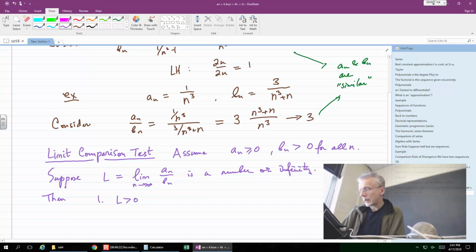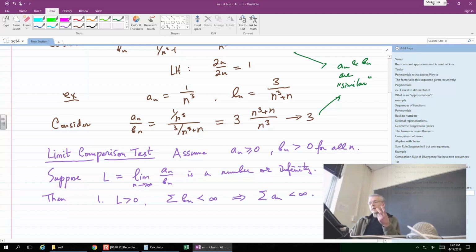And then we have conclusions about the convergence of the two sequences. This time we'll be deriving the behavior of a_n from b_n or vice versa. So b_n convergent implies that a_n is also convergent.